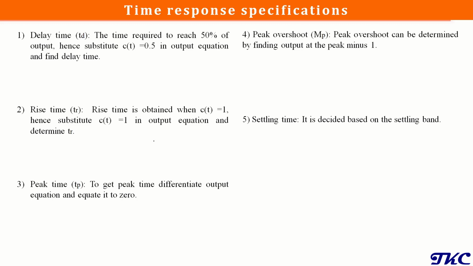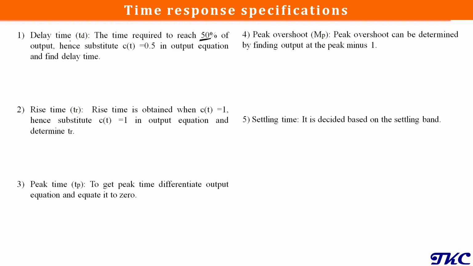So we'll discuss here the condition based on which we can use the output equation to get the corresponding term. Like here, first is delay time. So we know that delay time is the time required for the response to reach 50% of its value.